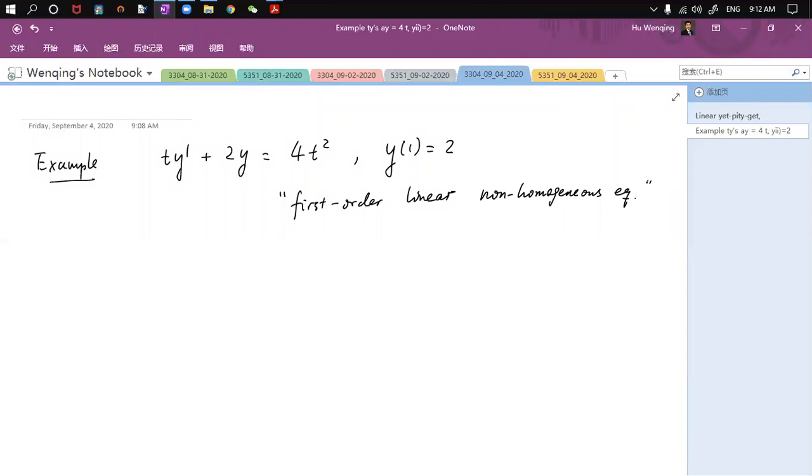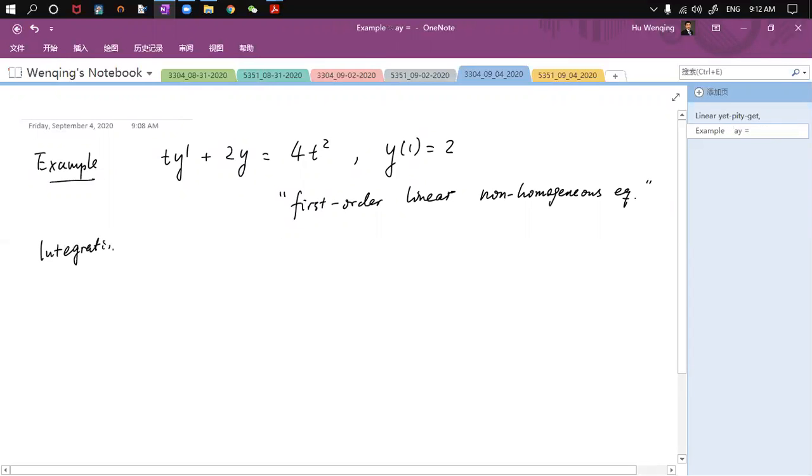How do we solve linear equations? Well, for linear equations, the right idea is to use integrating factors. We just talked about that in Wednesday's class, right? Integrating factor. What does it mean? You have to write y prime plus 2 over t times y is equal to 4t.